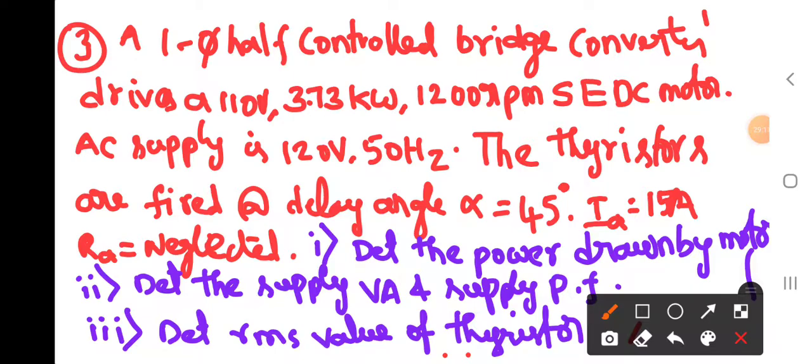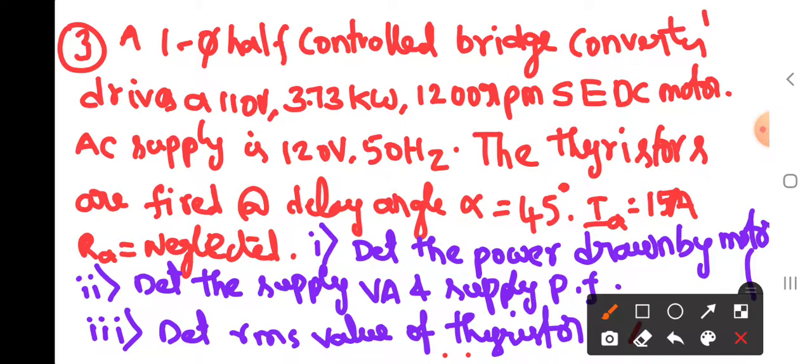Yeah, this is the problem. So first he has given the single phase half control bridge converter drives, that means it is a single phase semi controlled converter fed separately excited DC motor drive. The supply voltage is 120 volts, 50 Hz AC. The thyristors are fired at alpha equal to 45 degrees.